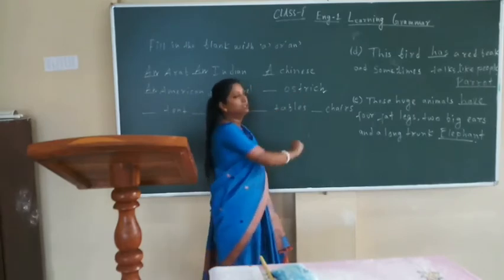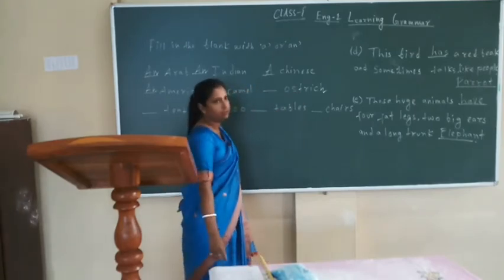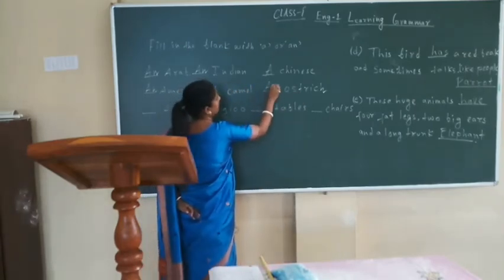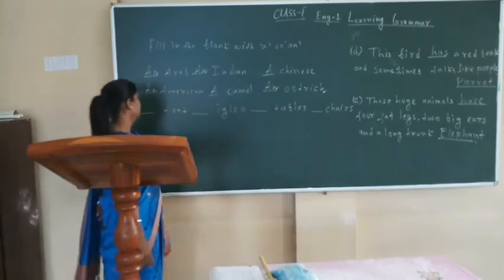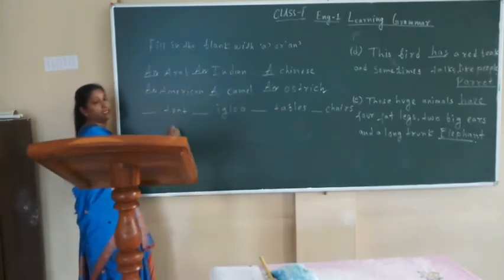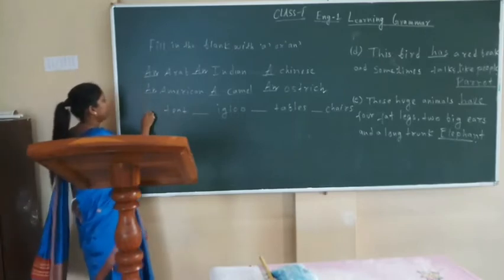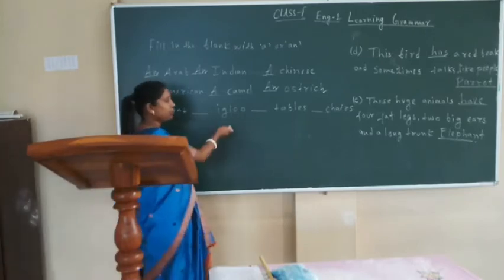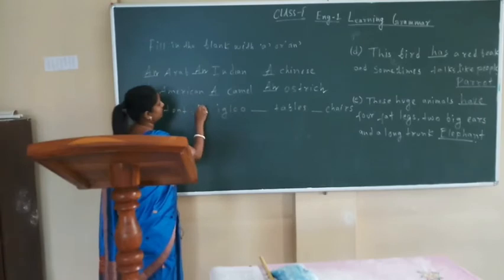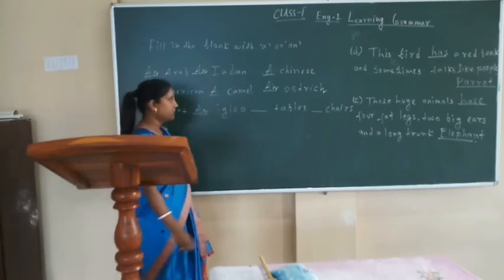Ostrich, first alphabet is a vowel, that is why an is used. Tent, first alphabet is a consonant, that is why a is used. Igloo, first alphabet is a vowel, that is why an is used.